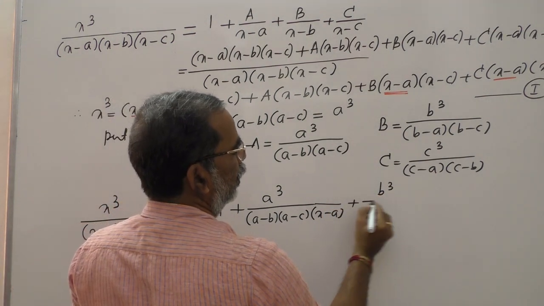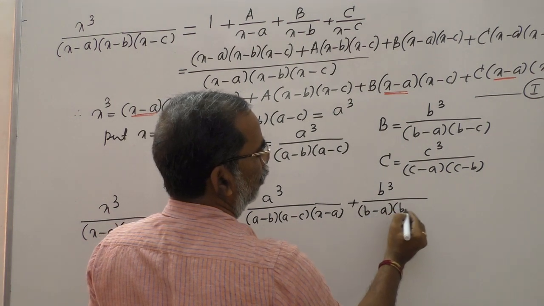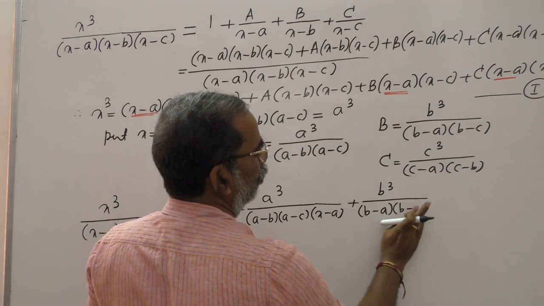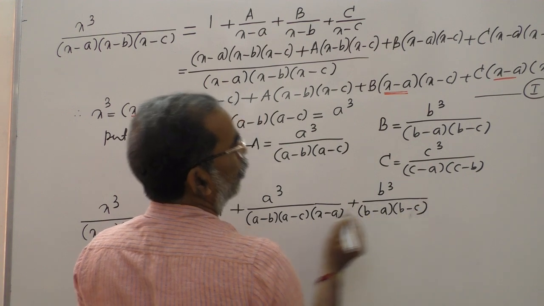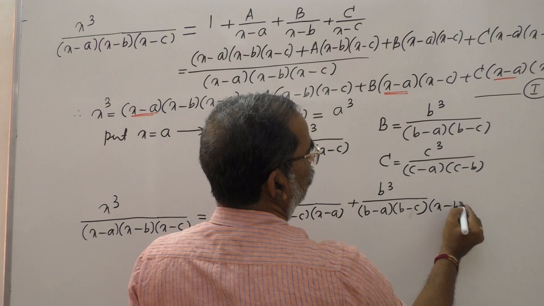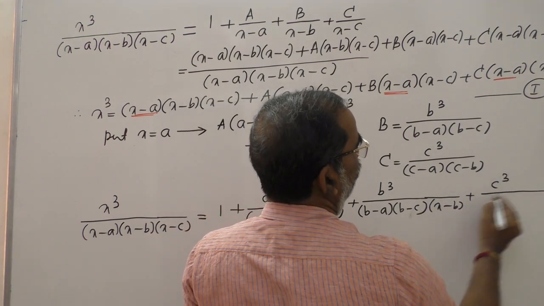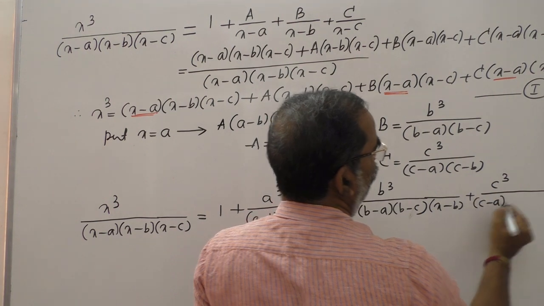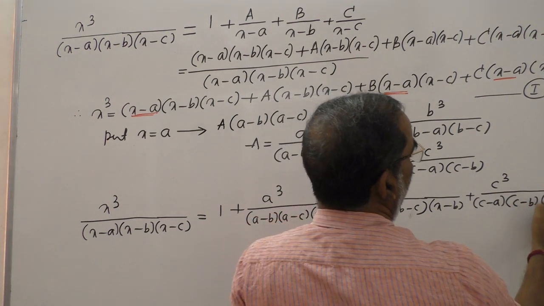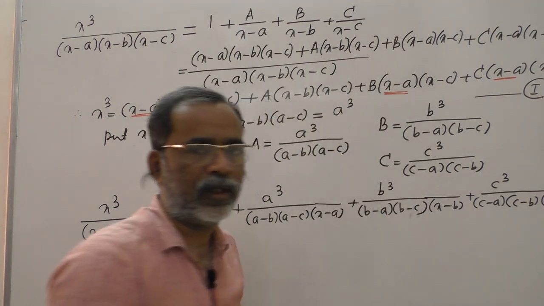B is b cube divided by b minus a into b minus c, by x minus b. And capital C is c cube divided by c minus a into c minus b, by x minus c. These are the partial fractions.